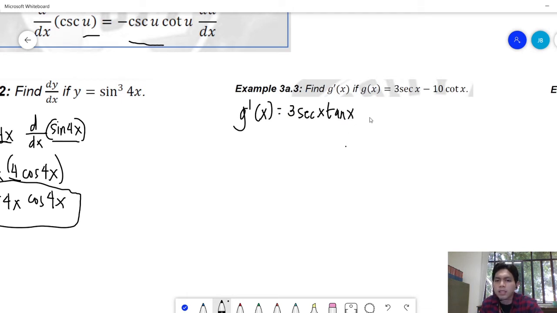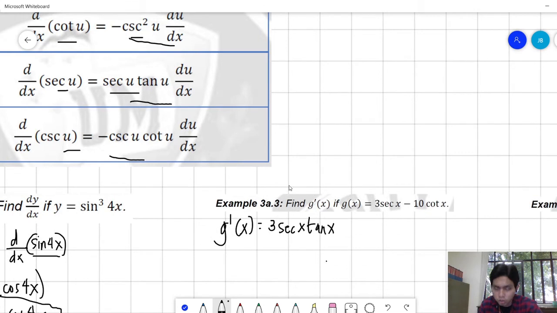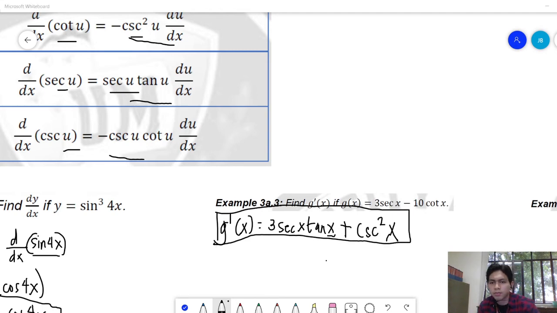And then cot x is negative cosecant squared x, so with the negative it becomes positive 10 cosecant squared x. Actually there is also a d over dx, so we derive x, which is 1. So it's useless, we just multiply by 1. So therefore, this is our final answer.